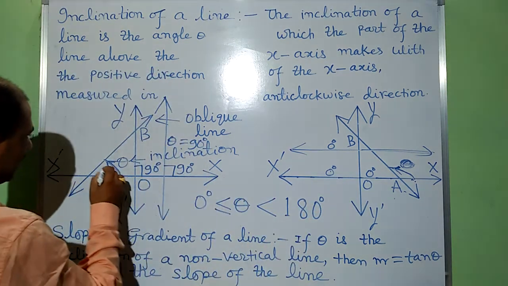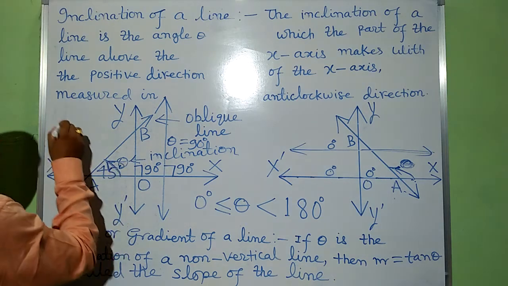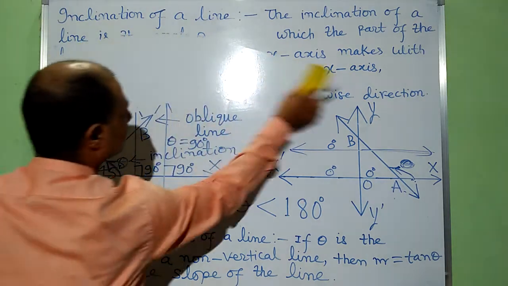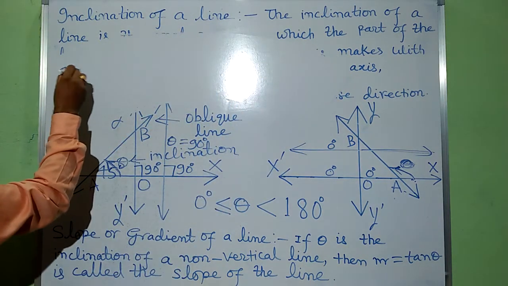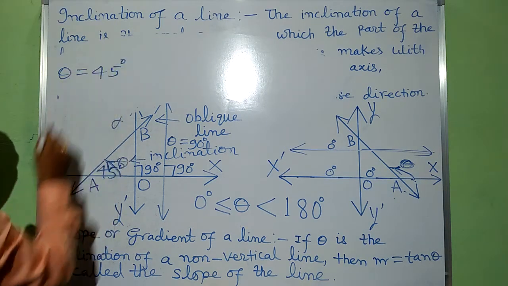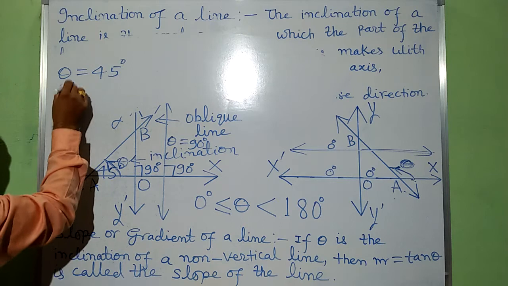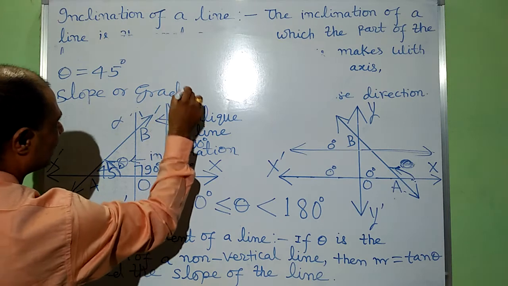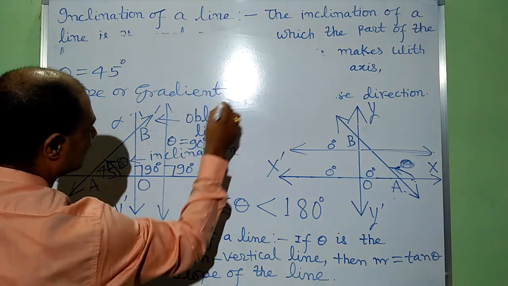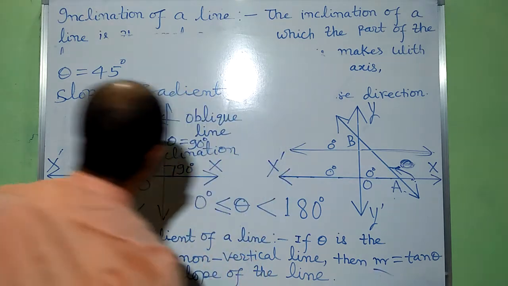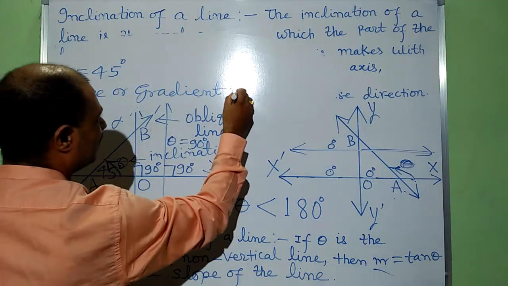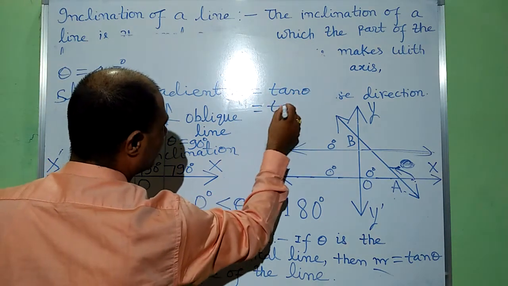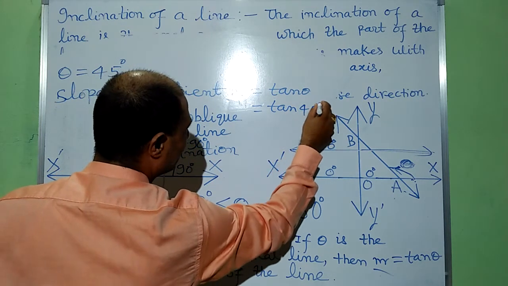Suppose this theta is equal to 45 degree, then its slope or gradient m is equal to tan theta is equal to tan 45 degree.